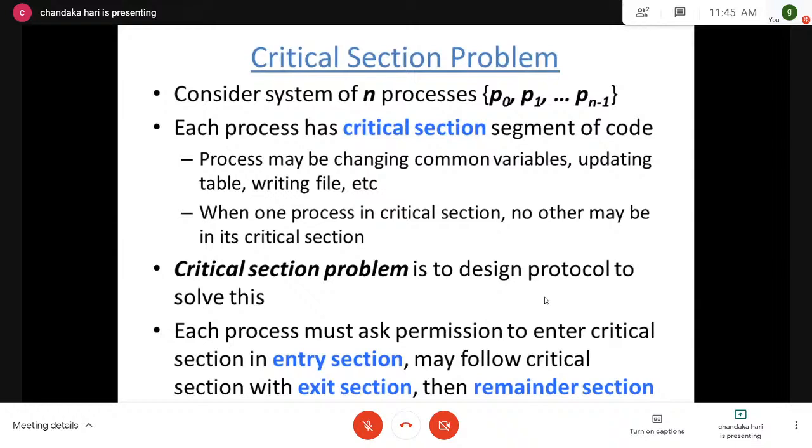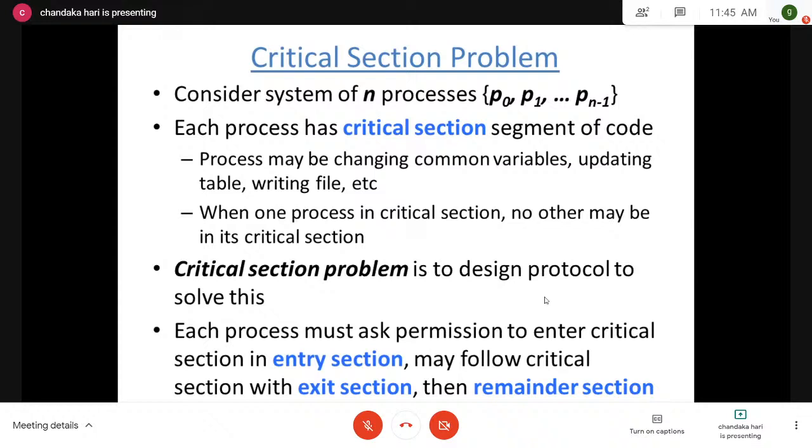A process may be changing common variables, updating a table, or writing to a file. That is, the common data is updated. Please try to see that it is very important: if any process is executing in its critical section, then no other process is allowed to execute in their critical sections. The maximum number of processes allowed to execute in their critical sections is only one.